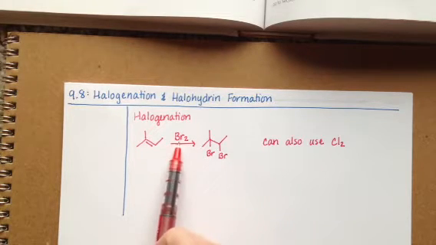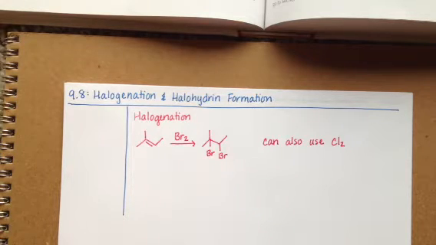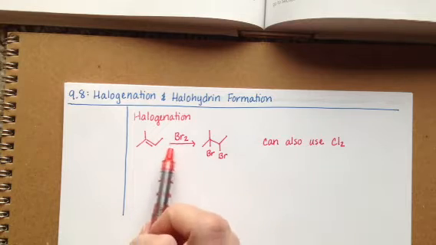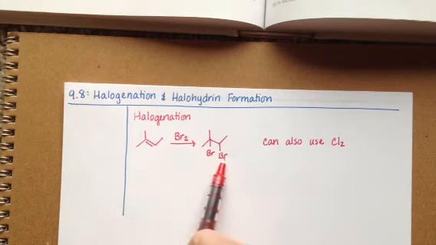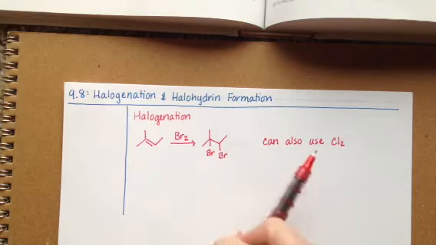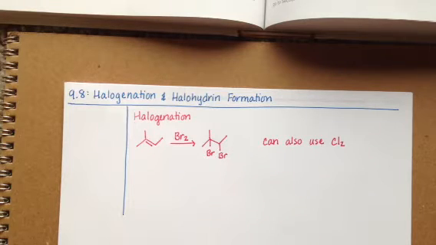So you're not going to see it with F2. With iodine, I2, it's a very slow reaction. It does work also, but it gives really poor yield. So again, not a good way to put iodines on the molecule. So you're usually just going to see this with Br2 or Cl2.